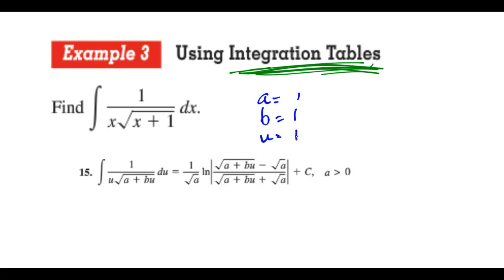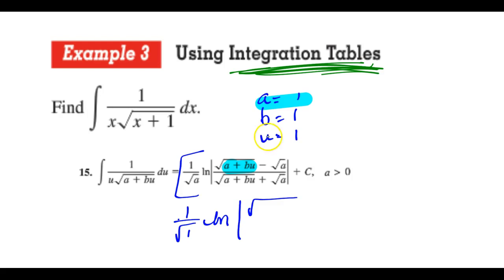And so I will start writing this answer, which is 1 over the square root of a. I'll write it square root of 1, times the natural log of, good thing I don't have to memorize this, the square root of, so this is going to be 1 plus x in here because the a term is 1, and my u term is x.